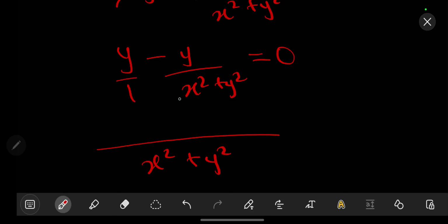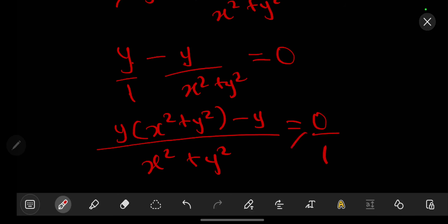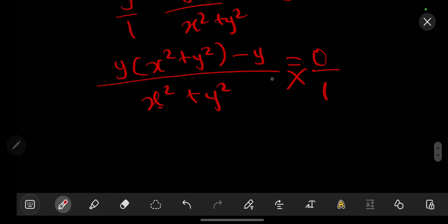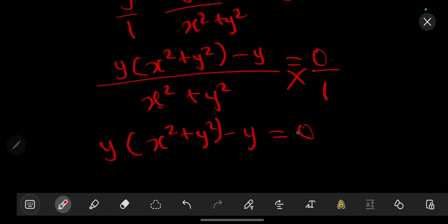Then this multiplies with that, so we are going to have y, open brackets, x squared plus y squared, minus y should be equal to 0. When we cross multiply, this times this is 0. So we have y times x squared plus y squared, minus y, should be equal to 0.